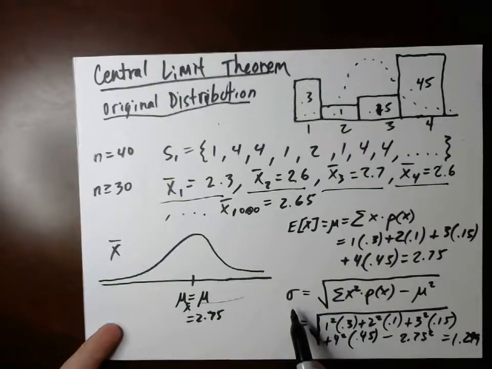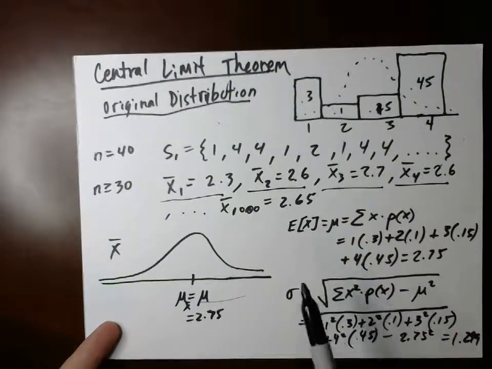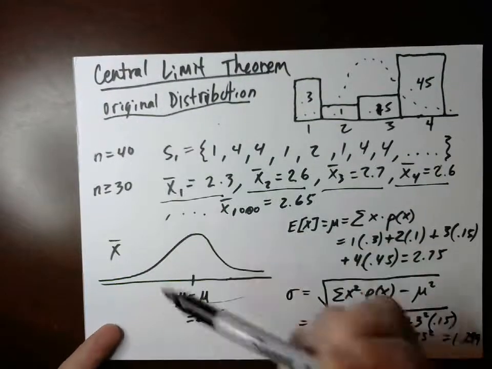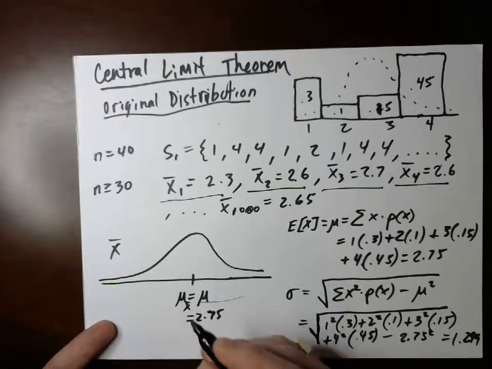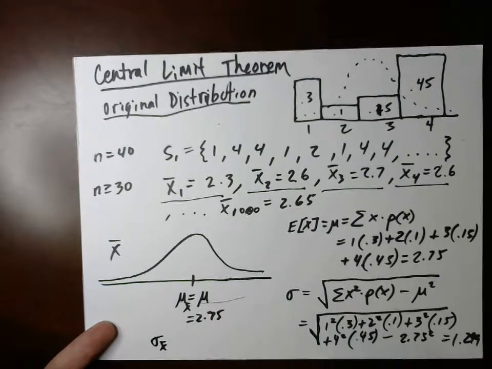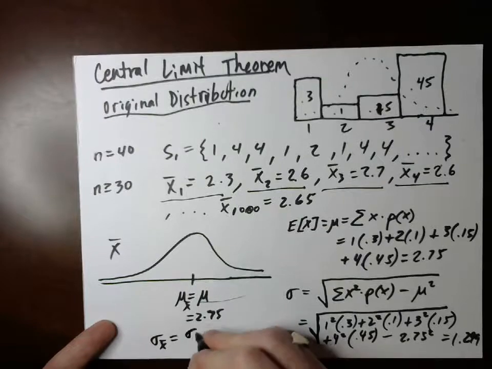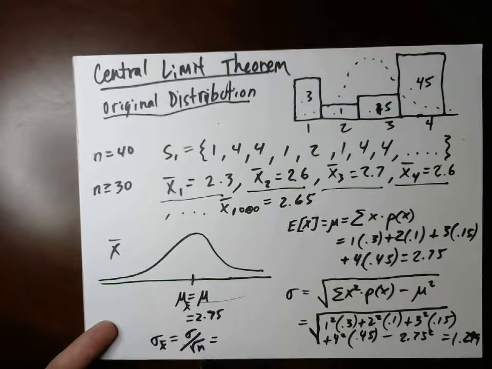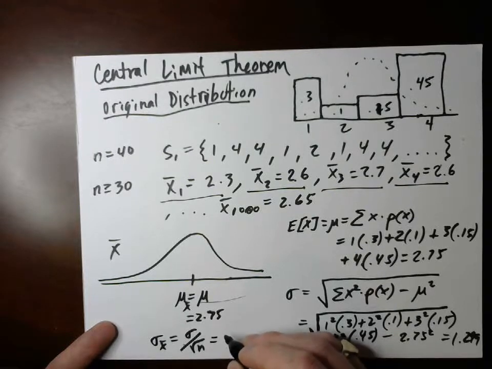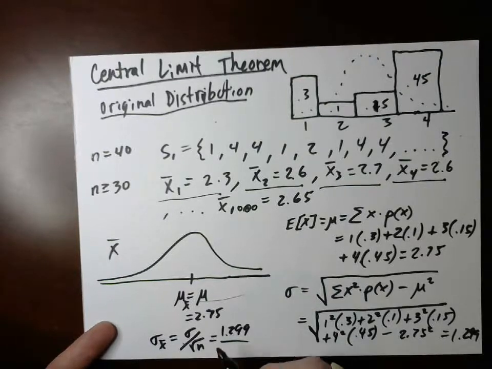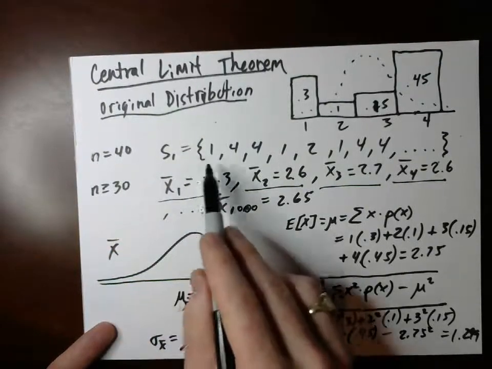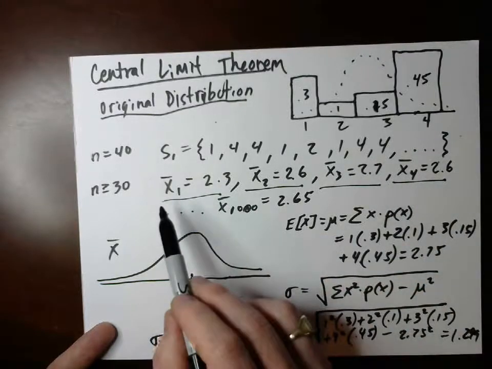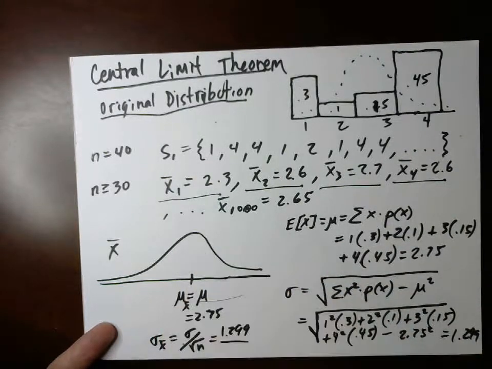So that is equal to sigma. Remember, sigma is the standard deviation of the original distribution. And the standard deviation of the sampling distribution is equal to sigma over the square root of n. In this case, sigma over the square root of n is equal to 1.299 over the square root of n, which is 40. So each sampling, it's all based off of what each sampling size is to determine each x bar.